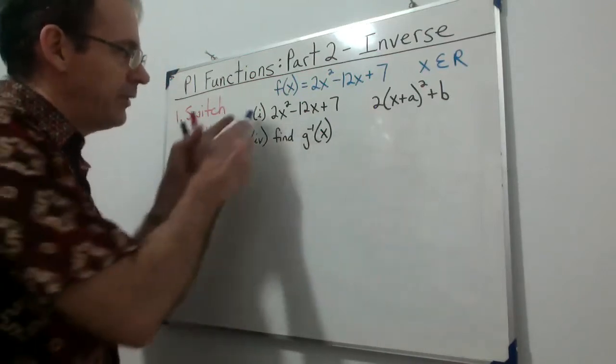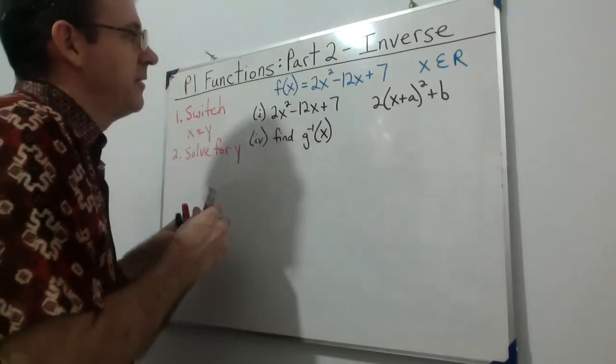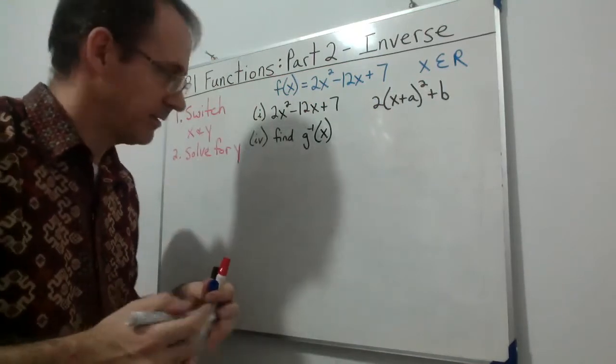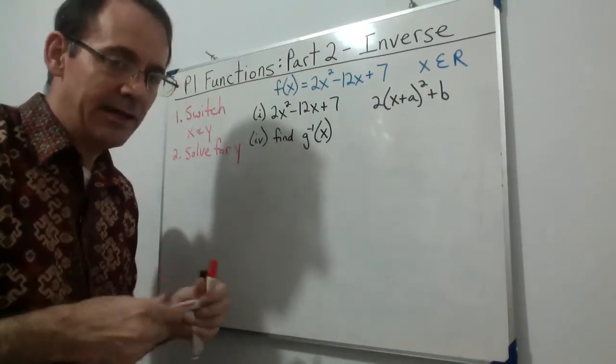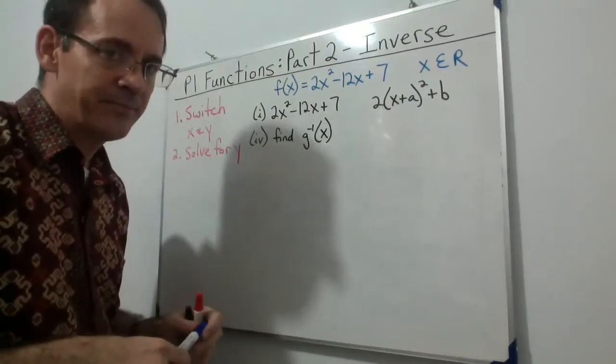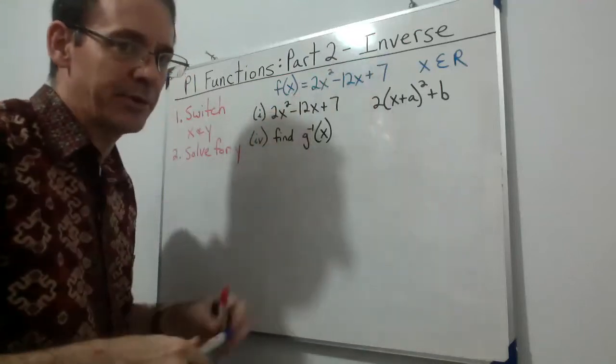So as we go from part I through these parts, this is renamed g of x. You need to be aware of that. When they give you another function, g of x, pay attention, because sometimes they're just restating a previous one.